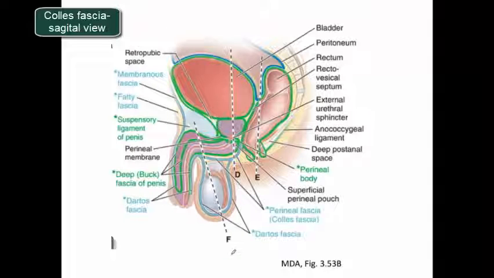In the male, there is also a membranous layer of superficial fascia that covers the penis and the scrotum. When in this region, it changes its name to dartos fascia, but keep in mind that it is the same layer as Scarpa's and Colles, and thus is continuous with both.